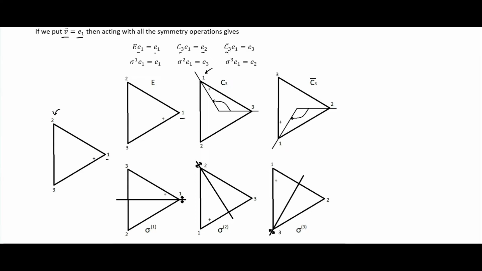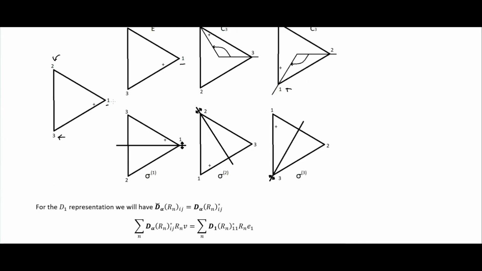Similarly, when we act the inverse C3 on E1, then the E1 ends up down here, which is in the 3 position, and so on with all of these different basis vectors here. So we are acting each of these on our basis vectors.